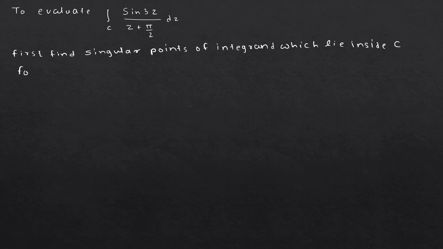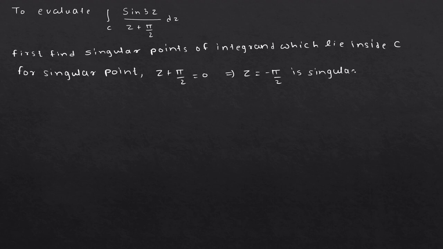For the singular point, just put the denominator equals to 0, that is z plus pi by 2 equals 0. So this implies z equals minus pi by 2 is the singular point of the integrand.